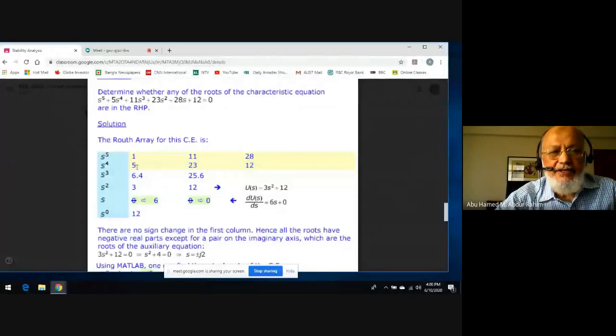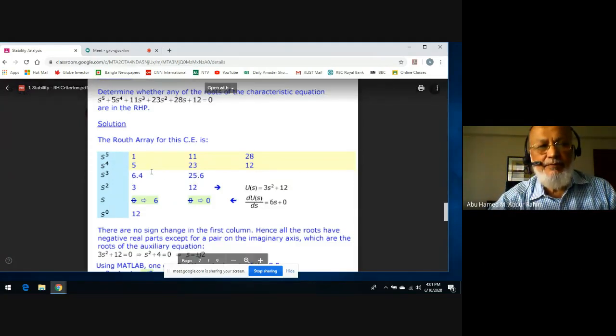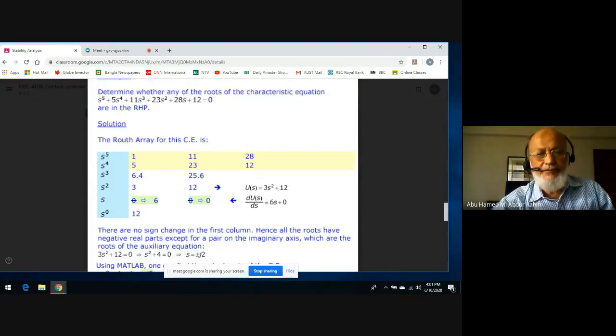Okay, very good. It's 5 times 11 minus 1 times 23 divided by 5. As simple as that. You can use a calculator. You can use whatever you want to use. Now this next one is going to be 5 times 28 minus 1 times 12 divided by 5. It should come to this number. Check, everybody.